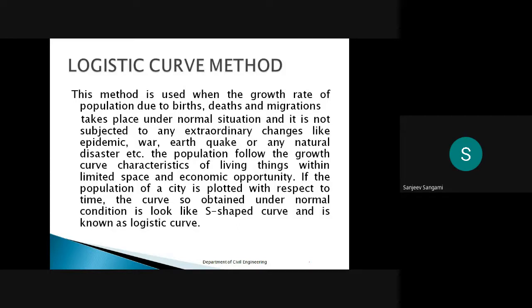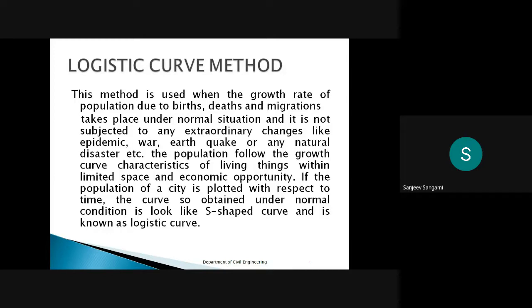Of course, this is very important. Why this is very important: whenever cities are growing on a log scale, the log means it is an exponential growth. For example, today the population is 100.